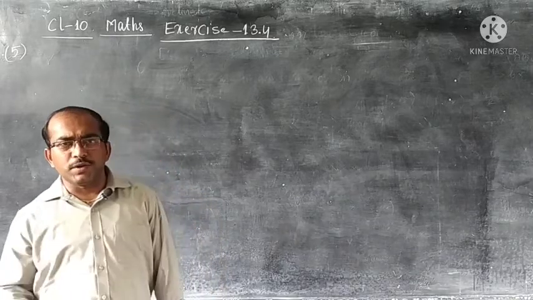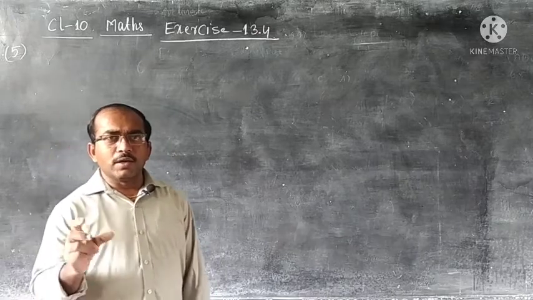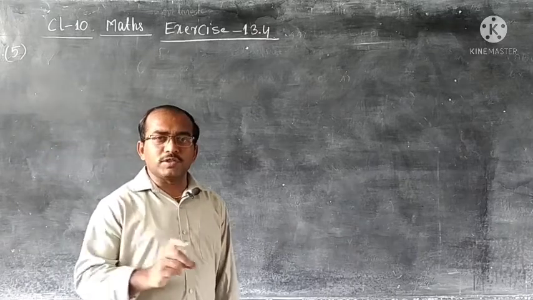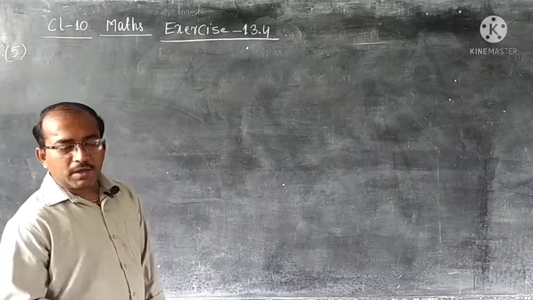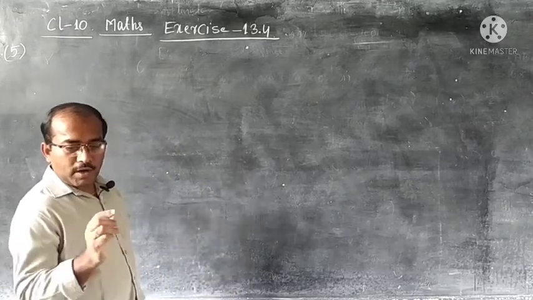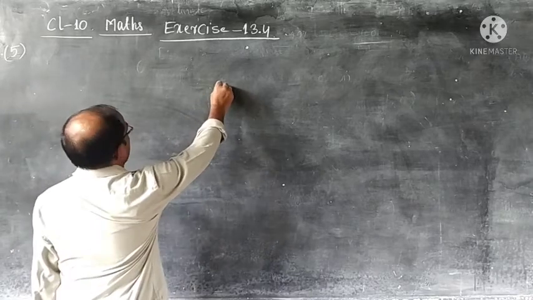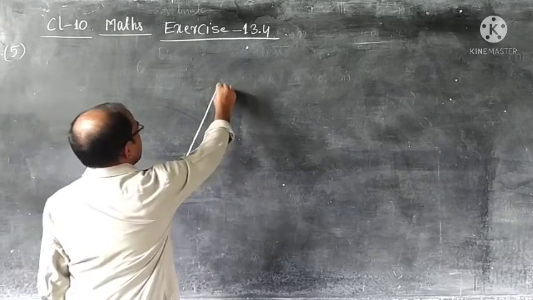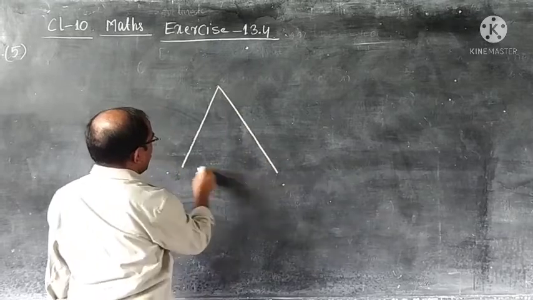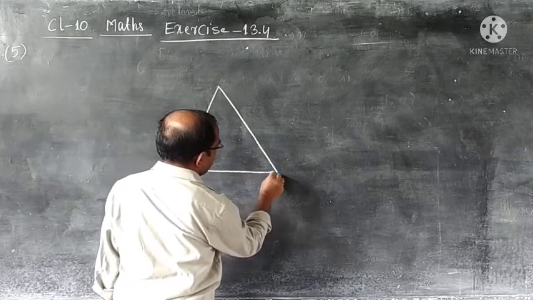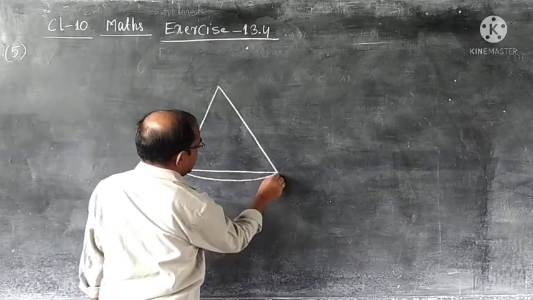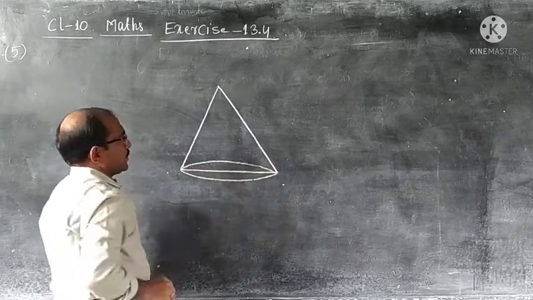So at a stretch by reading the question, we may not clearly get the meaning. So let's go once more. What is there? A metallic right circular cone of height 20 centimeter. So there is a cone. This is the cone.